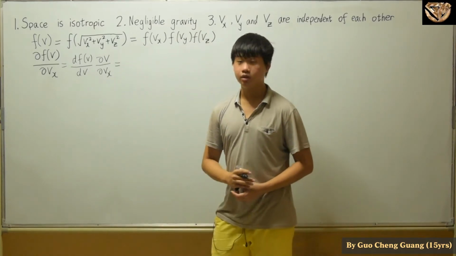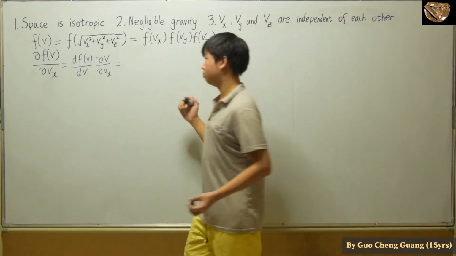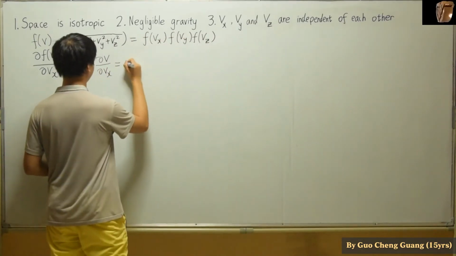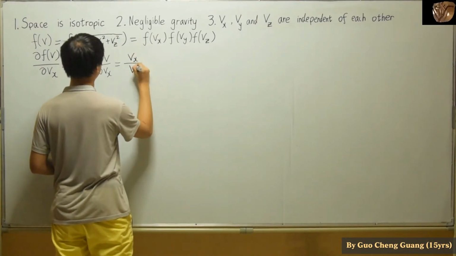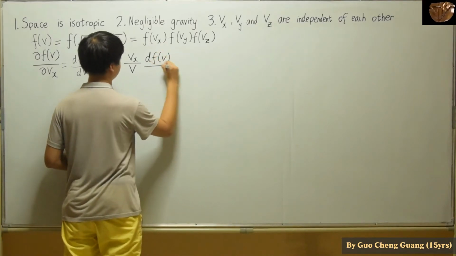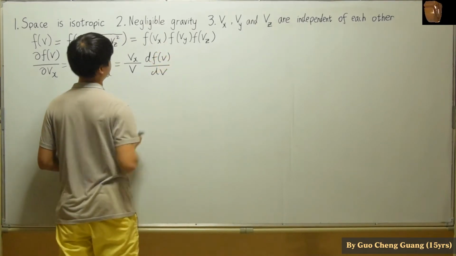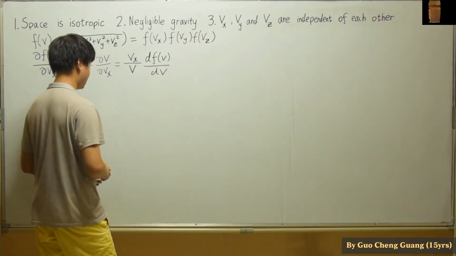Now this entire thing to the power of half. Well, differentiation, you're just going to have vx over v. Then this part stays the same. Alright, so this is what you are going to have.